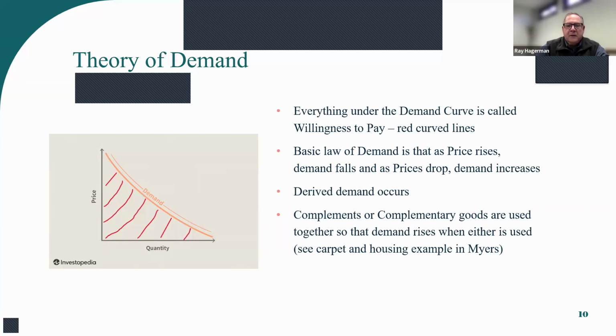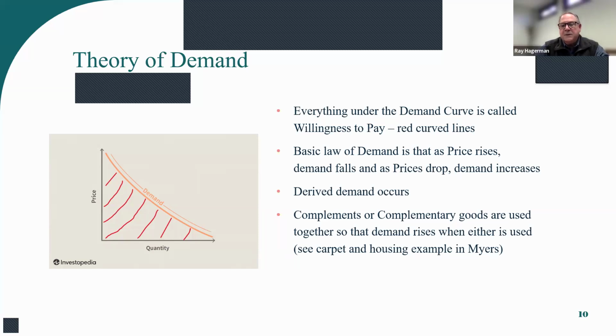It might be a little lower, it might be a little higher, but it's based on the relationship between the intermediate inputs to the equation here. Read the chapter where Myers talks about that a little bit, but just recognize that derived demand does exist.